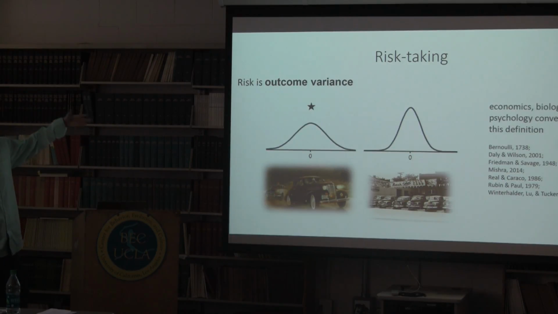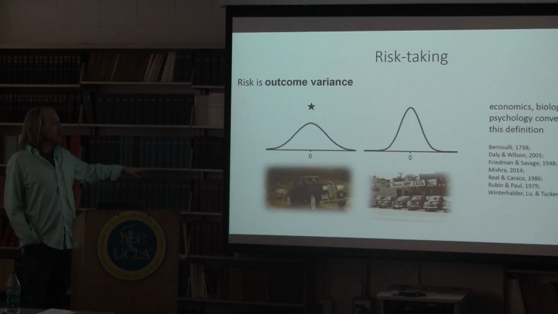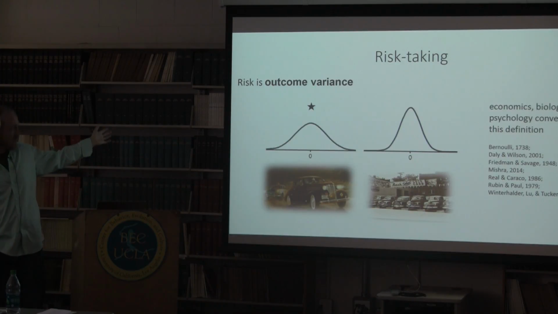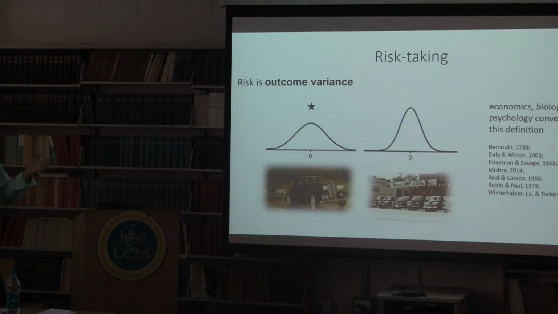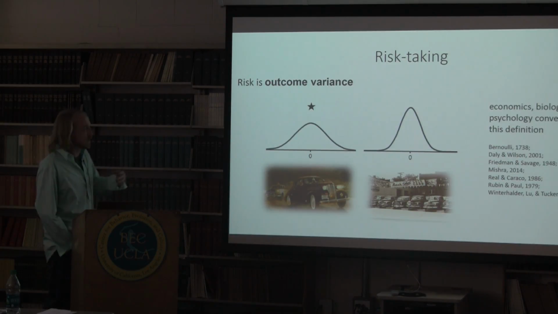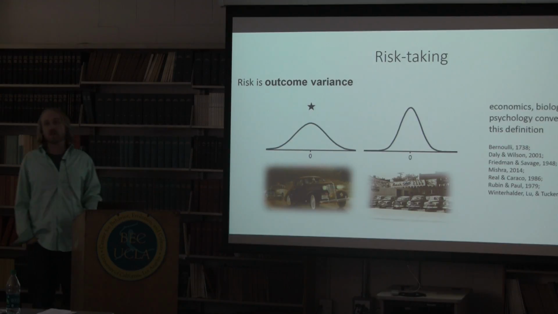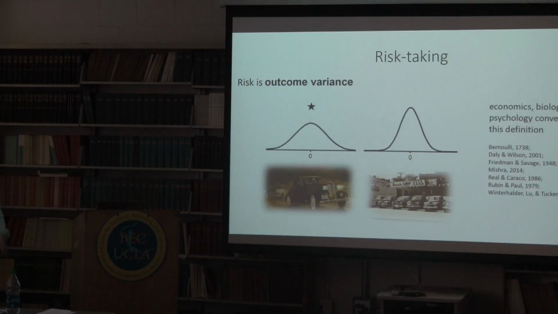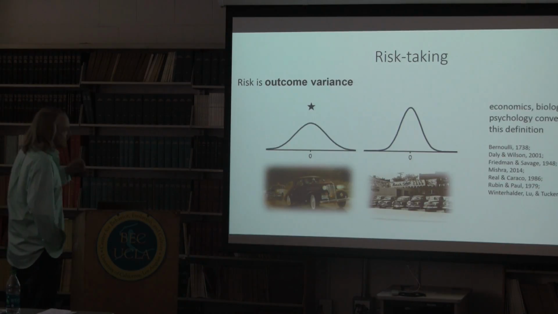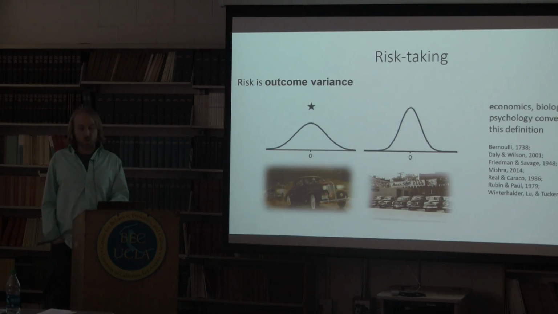Or you can start to think into the social realm: if you need a car, one way to obtain a car is to steal a car, and maybe you get the benefit of a free car, that's a big benefit, but then maybe you get the punishment associated with theft, that's a big cost. In contrast, you go to the dealer, you negotiate what seems like a fair, mutually beneficial price. Maybe you get a little bit better car, a little bit worse car than you thought you bargained for, but it's a lower variance pursuit.